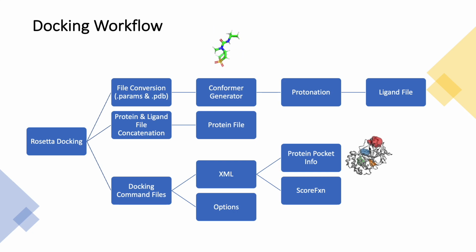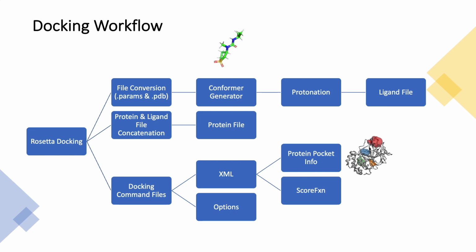Next is the docking, to generate the docking documents. One is called XML. It's a document where we store all the docking parameters, information like the score function, the ligand width, the starting point, and so on.